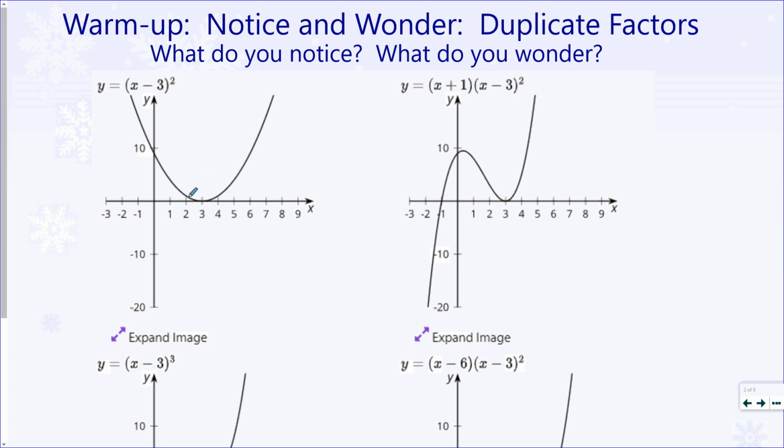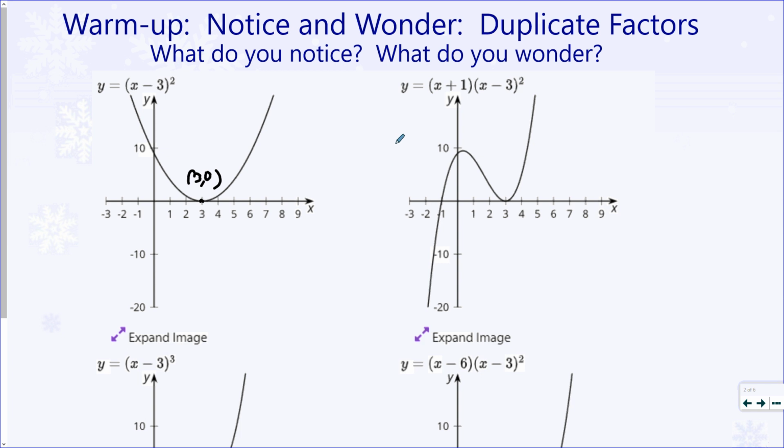But something we hadn't really thought about before is it doesn't pass through the axis at 3. It touches the axis at 3, right there. 3 comma 0. Interesting.